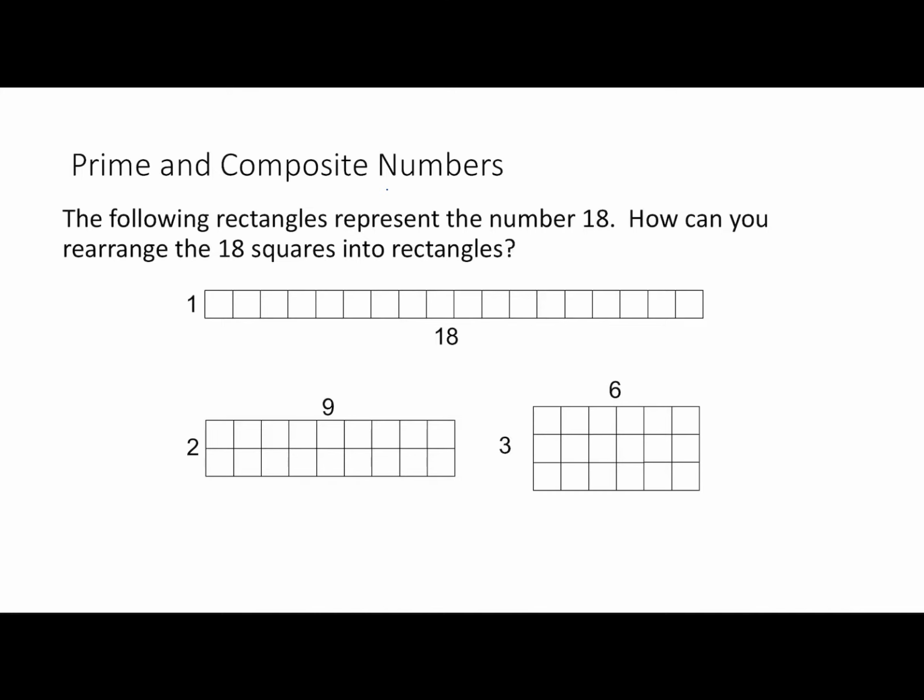Or I could write 18 as 2 times 9, or draw the 18 squares into a rectangle that's 2 by 9, or I could do 3 by 6. So 18 has 6 positive divisors. Its divisors are 1, 2, 3, 6, 9, and 18.